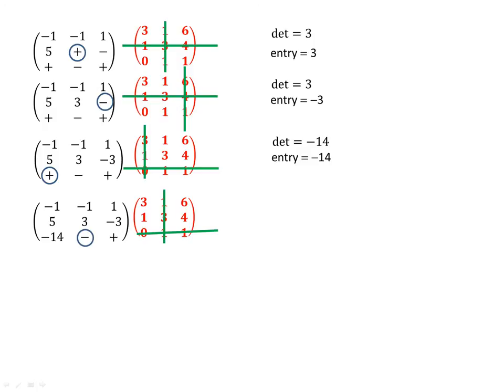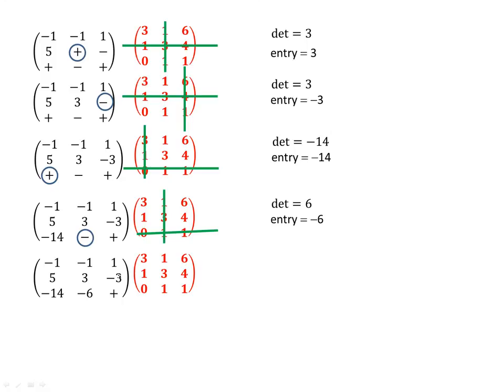Now, for the penultimate entry, we've got the determinant is 3 times 4, take away 6 times 1, which is 6. The entry at the moment is a minus, so we've got to change the sign of the determinant to get an entry of minus 6. And then the final entry, the value of the determinant is 8.